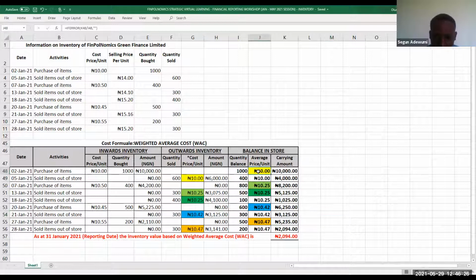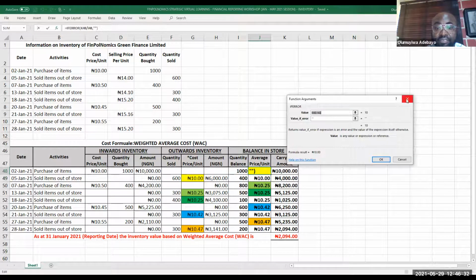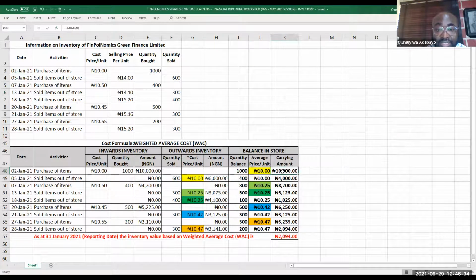If you can just click on average price, what you can see here is dividing the amount with the quantity. Okay. Can you see now? Let me pick after I've purchased this for 2. You know, out of 1,600 has gone, right? Yes.